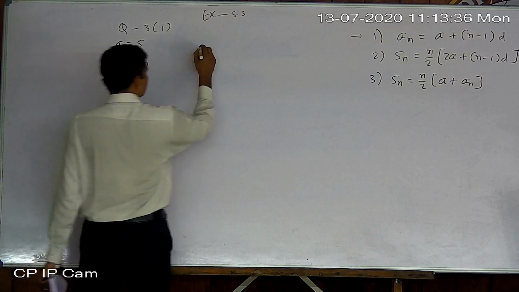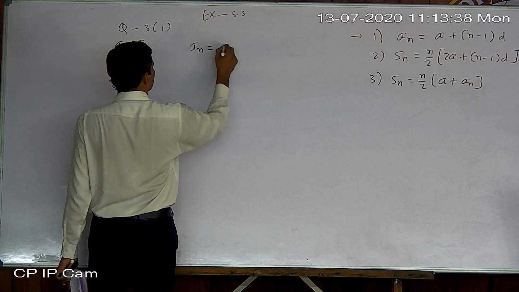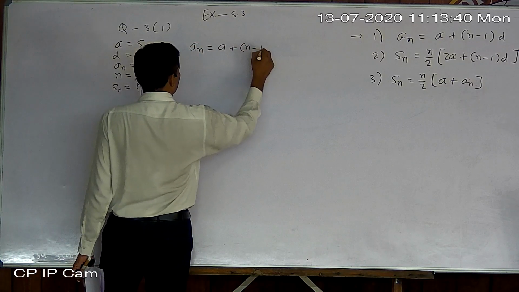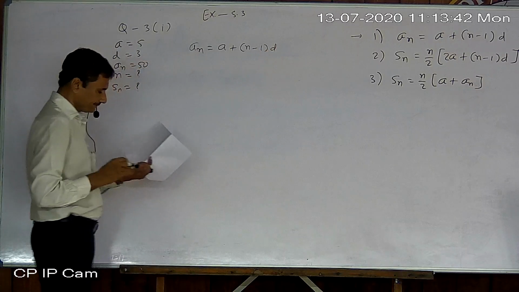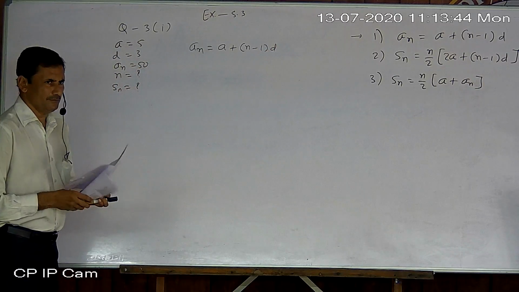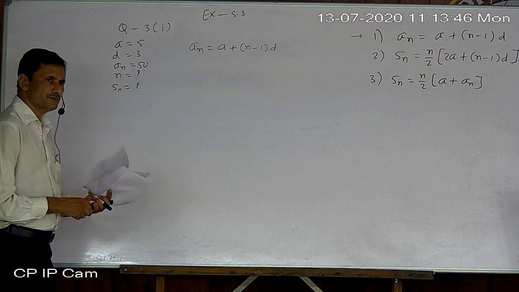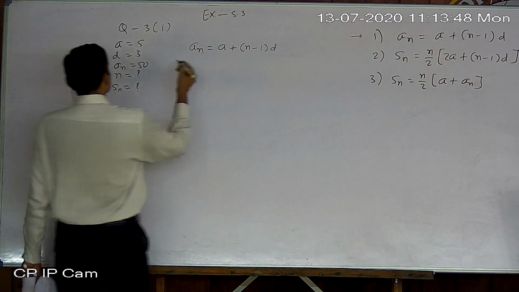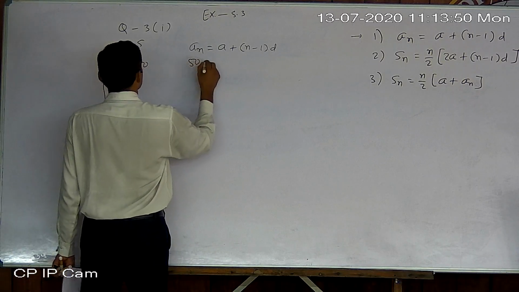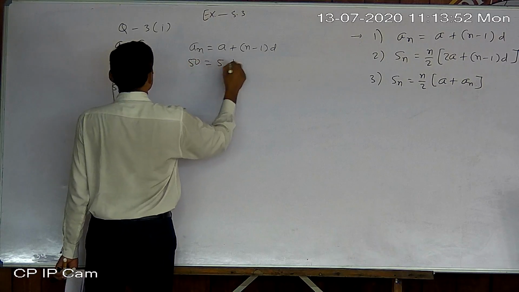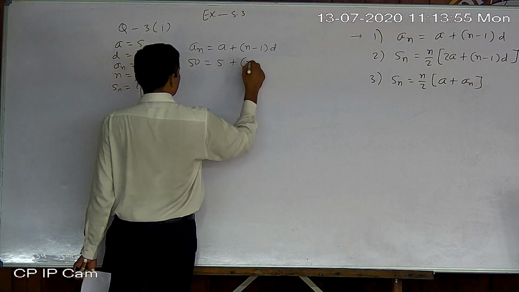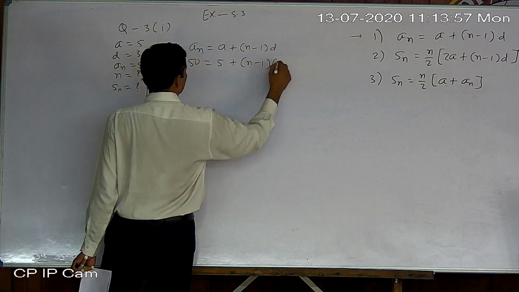So start from the first: an equal to a plus n minus 1 into d. Now place your values and find out. Nothing difficult, you just have to decide it first of all. So an equal to 50, a equal to 5, n is not given, and d equal to 3.